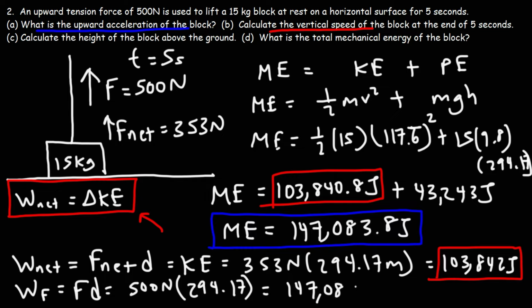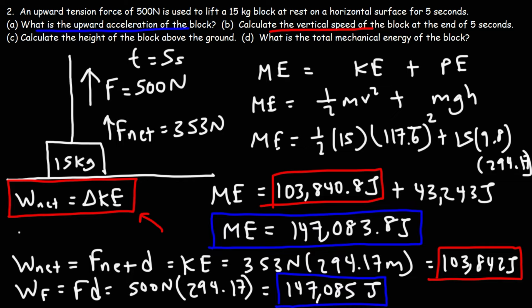The initial mechanical energy was 0 because it was at rest and it was at ground level. So taking this applied force and multiplying it by the displacement, we get the change in the mechanical energy of the object.